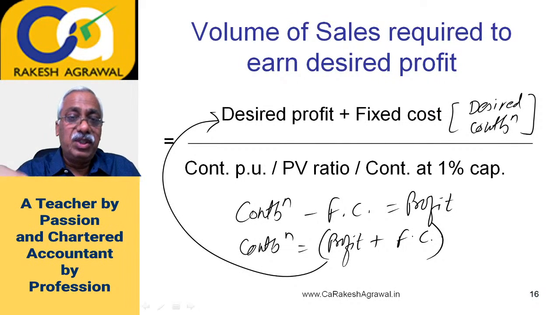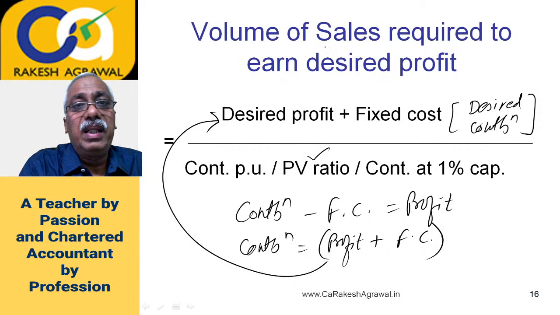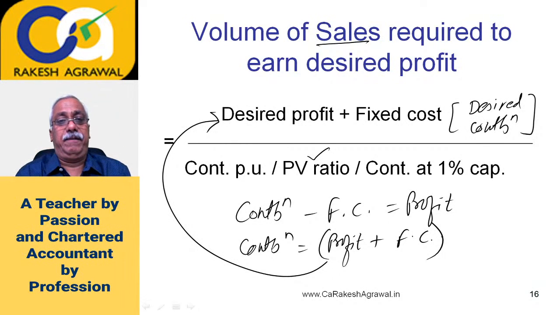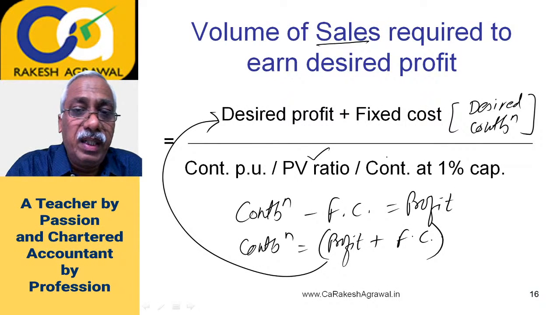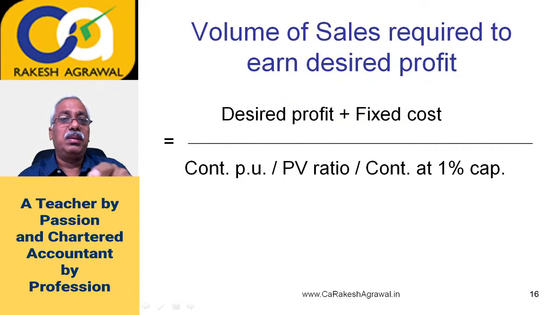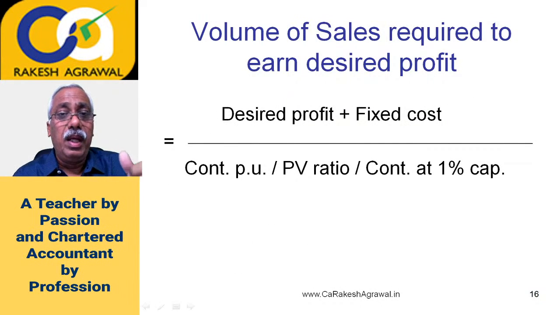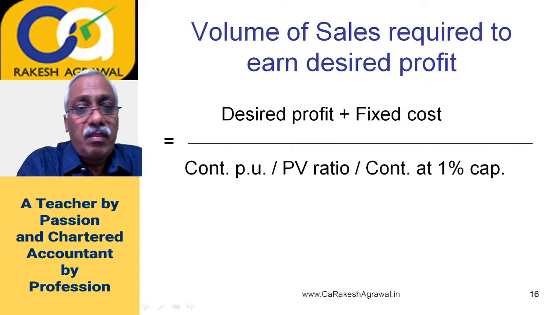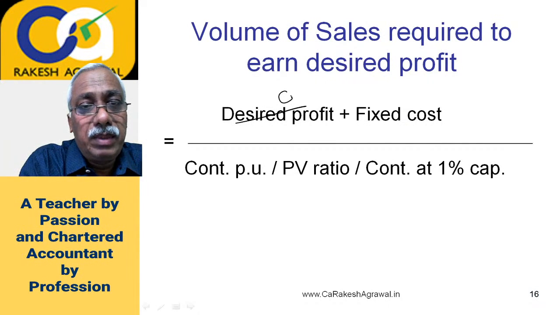Now if you divide this numerator by PV ratio, you will get the sales in rupees to earn that profit. And if you divide the numerator by contribution at 1% capacity, you will get the sales in percentage capacity. Now I will show you here only the formula of BEP. In BEP there is no profit, no loss, so this profit or loss will become 0.